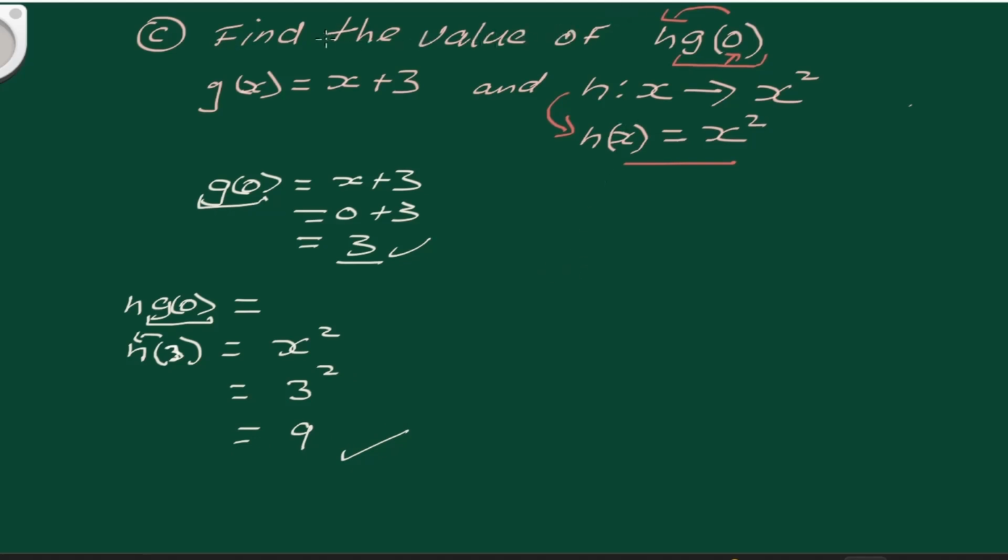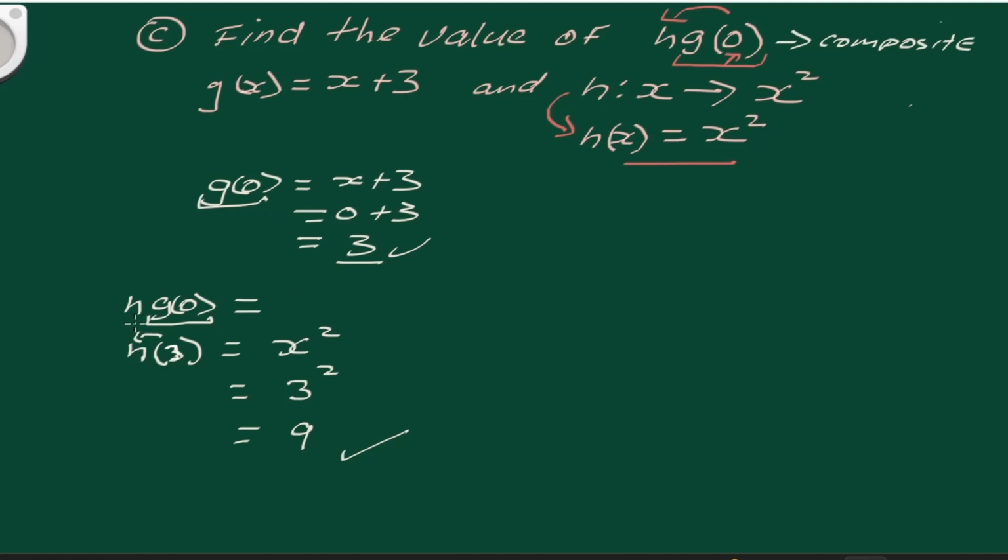So recapping, when we're asked to find this, it is known as a composite function, where we have one function as input into the other function. So first of all, we need to work out the value of the function G of 0. We worked it out and got 3 as the answer.